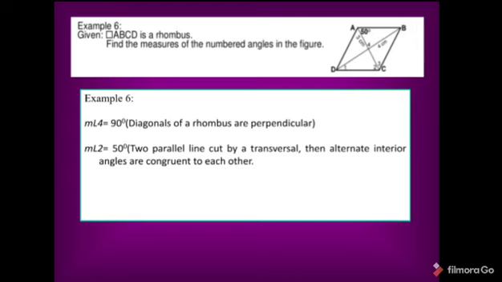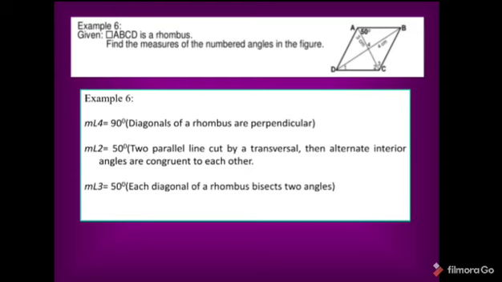Because that angle there will be congruent to angle BAC. Because segment AC will be considered as the transversal line as we are going to extend further segment AB and segment DC. Two parallel lines cut by a transversal, then alternate interior angles are congruent to each other.